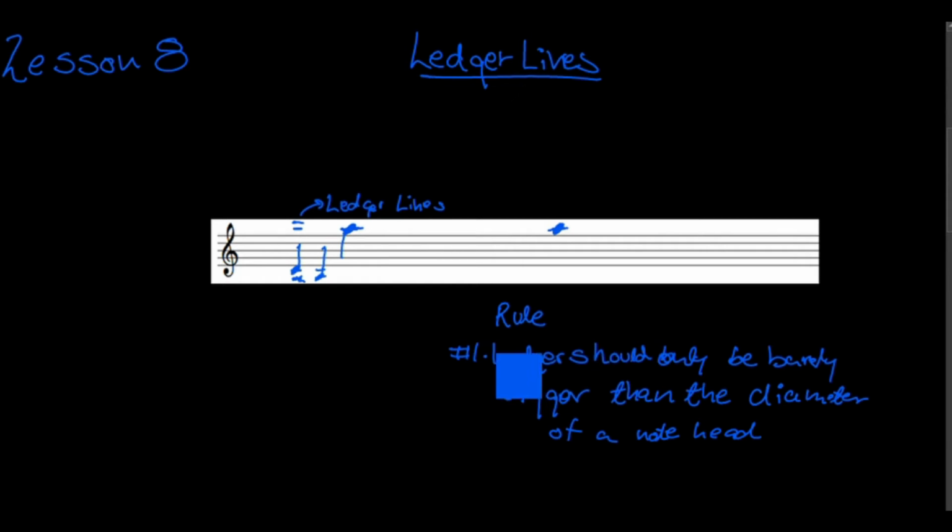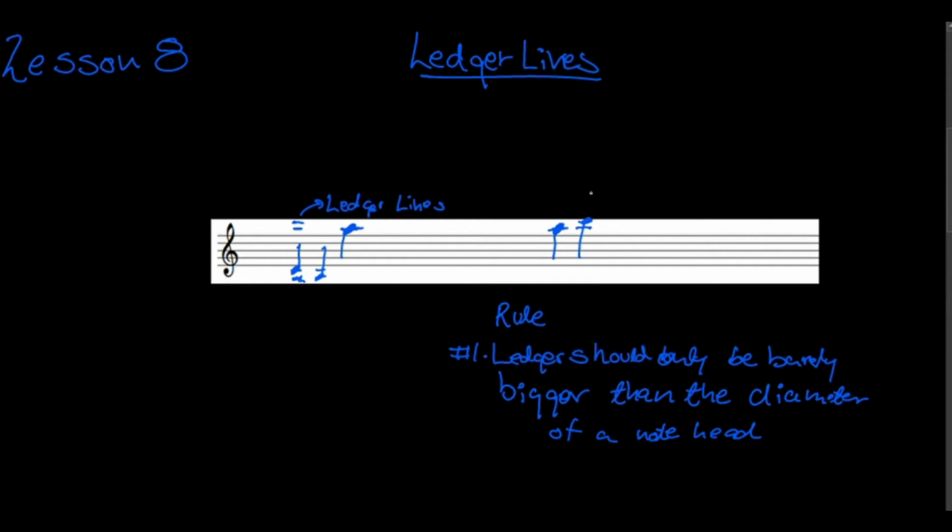What it also means is, let's say I have one note one line above the staff, and I want to write a note that goes two lines above the staff. As you may have surmised by now, I do not connect these lines. I do not do this. This is wrong. These lines must have a small space in between them. As for why we do this, it's a convention.